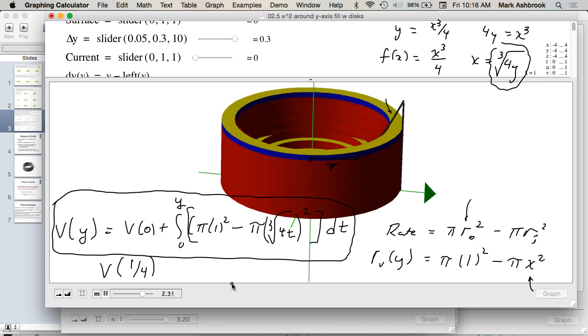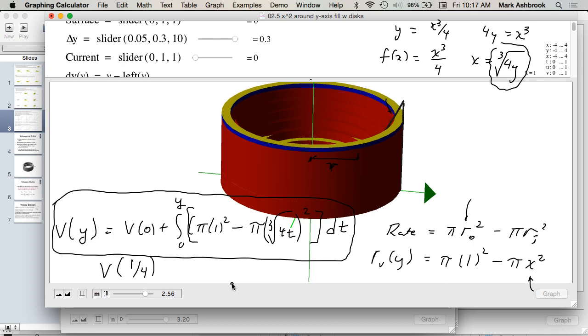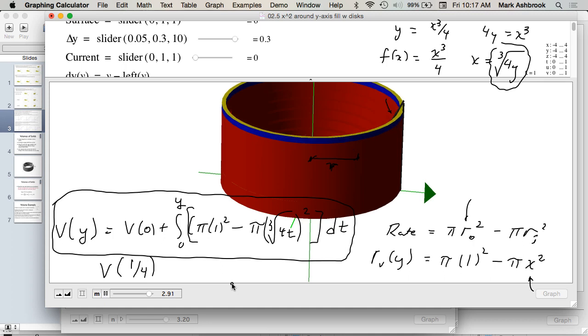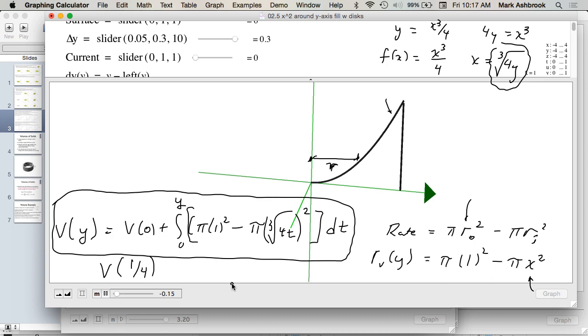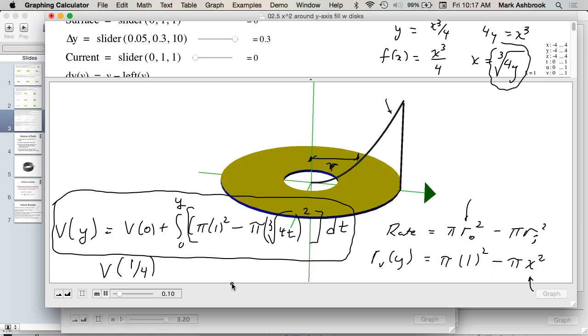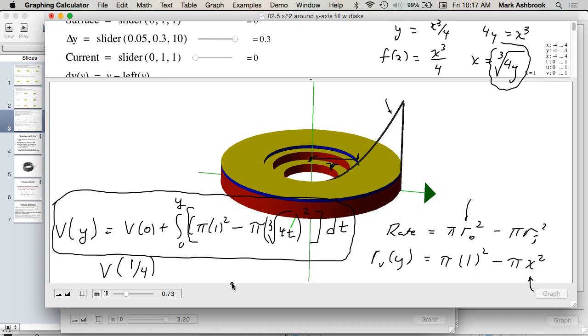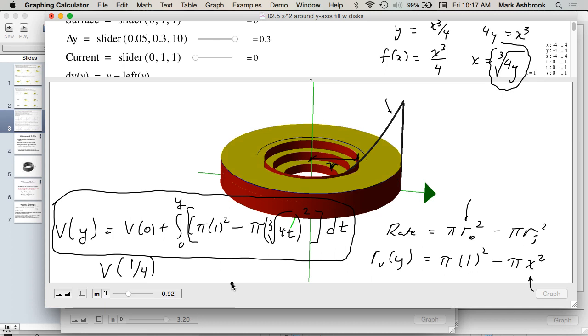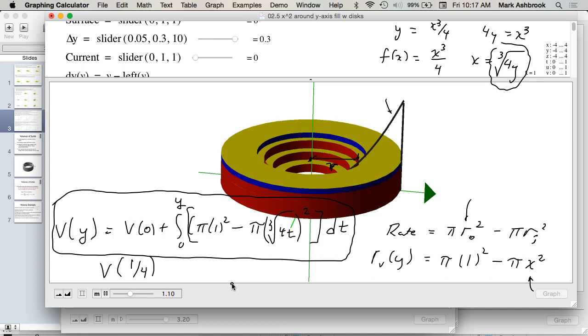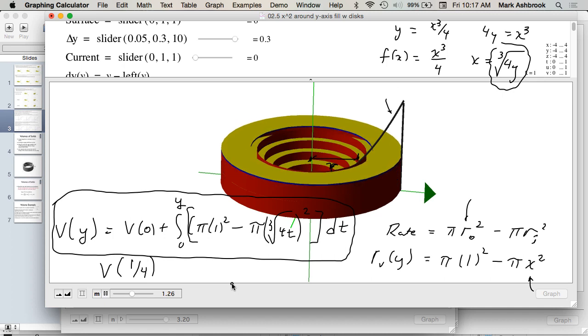Okay, for time's sake, I want to go right to part 2. Let's go right to part 2.